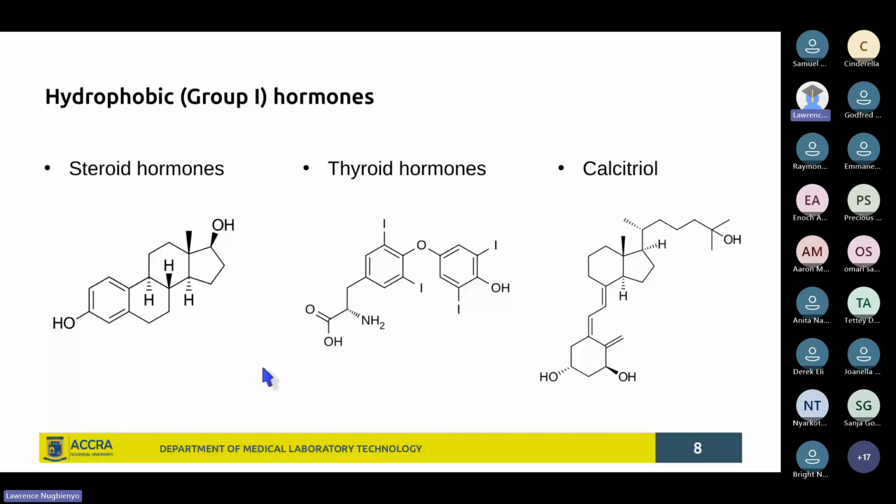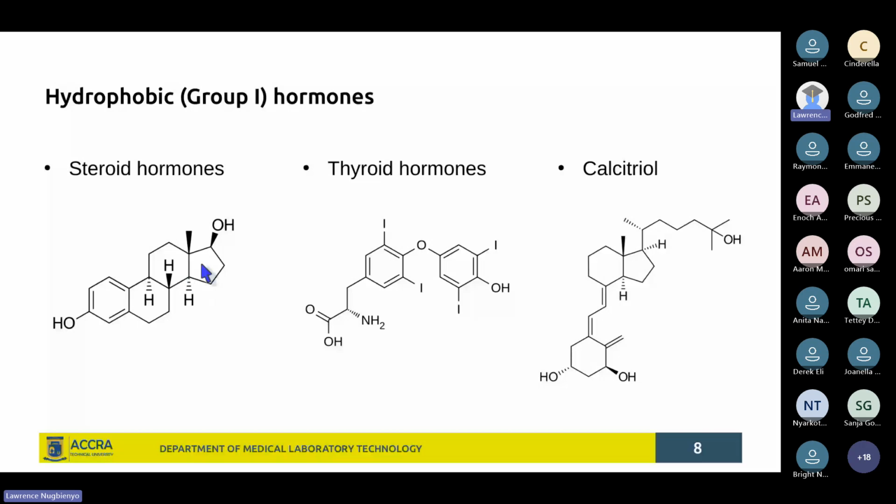And you see that the group 1 hormones are grouped into steroid hormones, thyroid hormones, and calcitriol. And all of these are hydrophobic. Steroid hormones, of course, you know, the steroids, coming from sterols, having the steroid nucleus, is a lipid. So it can easily penetrate through the cell membrane.